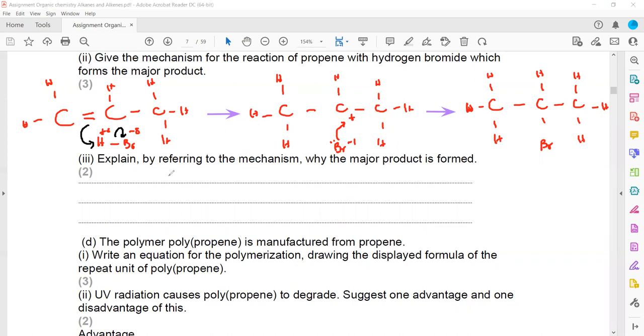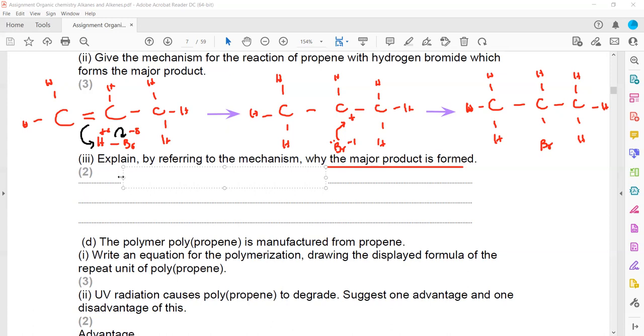Next is: explain by referring to the mechanism why a major product is formed. What is the reason why we have 2-bromopropane as the major product? Because the carbocation, which is surrounded by more alkyl groups, has greater stability than a carbocation surrounded by fewer alkyl groups.